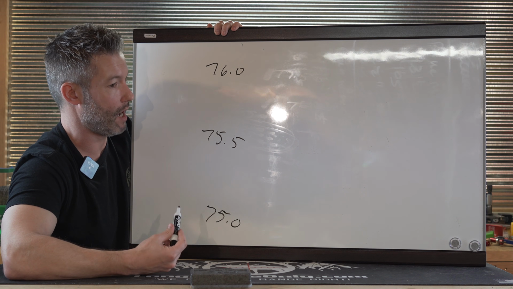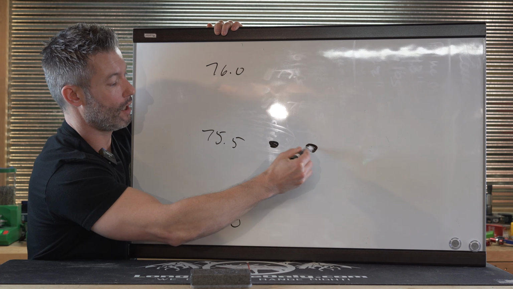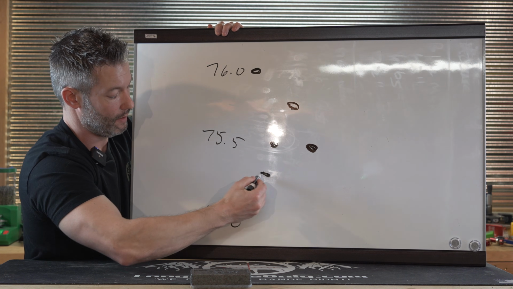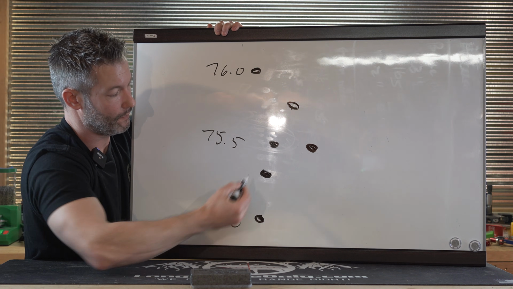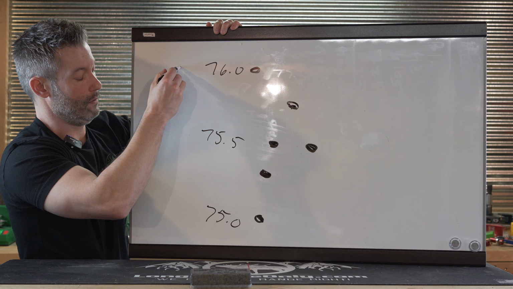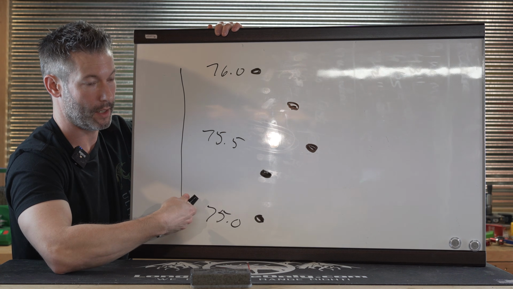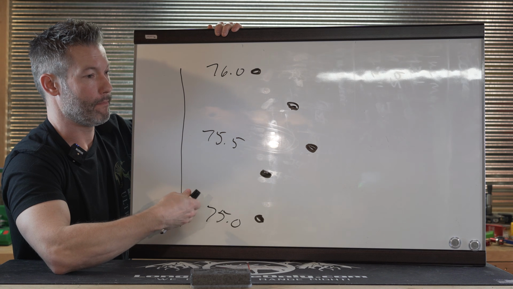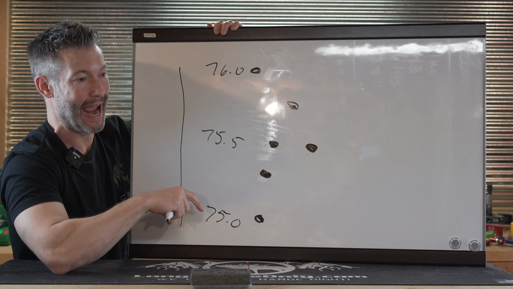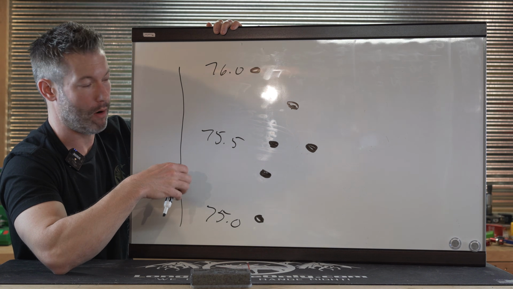Usually, at 1,000 yards, what you'll see in the middle of this node is two shots like this, and then this will be something like this, and this one will be something like this. Okay? And like I said, in the last little thing I drew, I've been really lucky at getting that node to be roughly a half minute wide at 1,000 yards, but it won't always be that way.